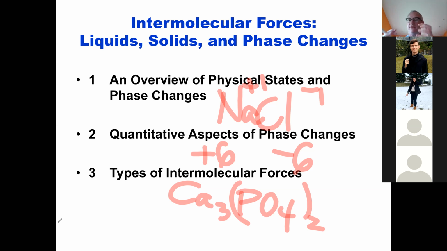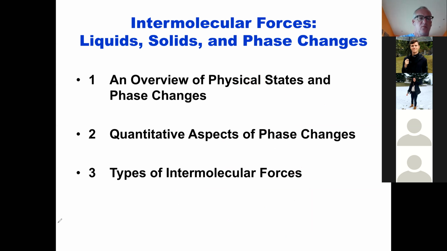Generally, anything with a really, really high density of charge is not going to be terribly soluble in water. So group 2 and transition metals, not all of them. It depends. Calcium chloride is soluble because the chlorine's only -1. It's when you have something like aluminum phosphate, +3, -3, that is really, really strong.